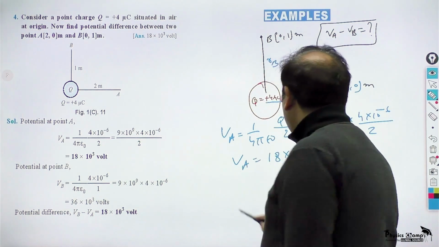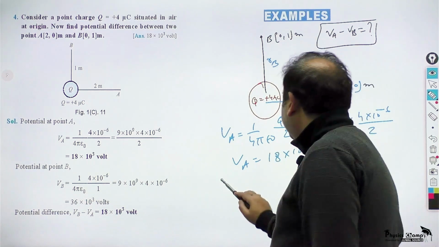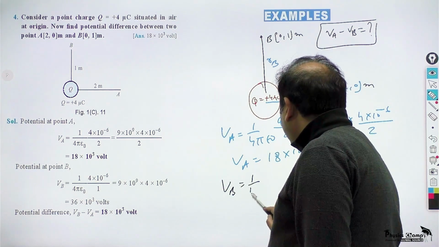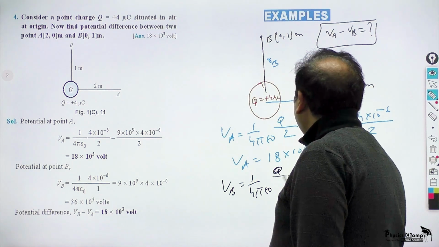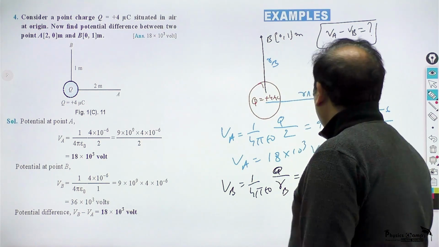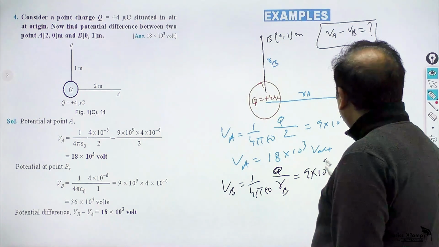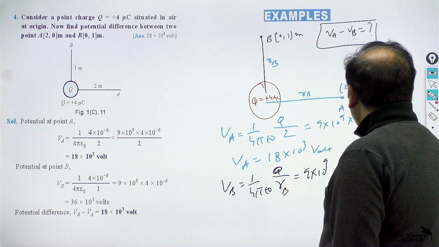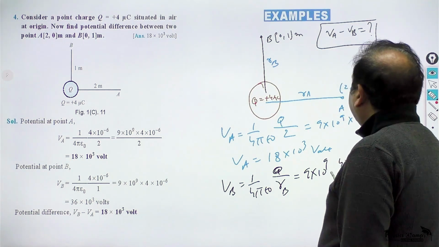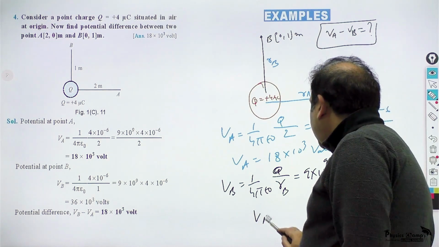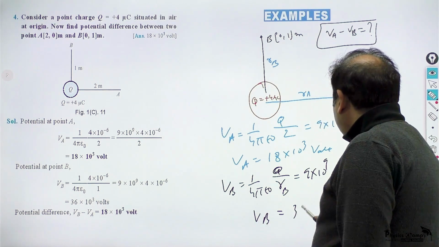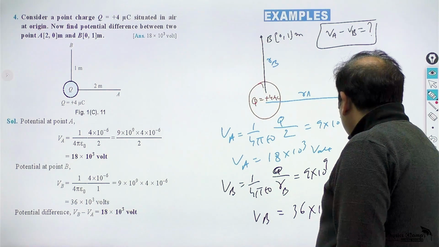Similarly, for the potential at B, it will be 1 by 4 pi epsilon naught Q by RB. So 9 into 10 to the power 9, charge is 4 into 10 to the power minus 6, RB is here 1 meter. So the potential at B will be 36 into 10 to the power 3 volt.